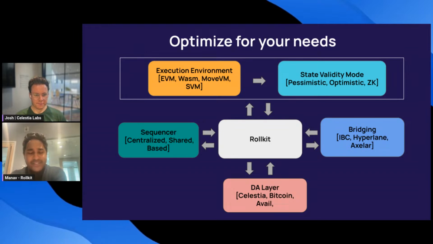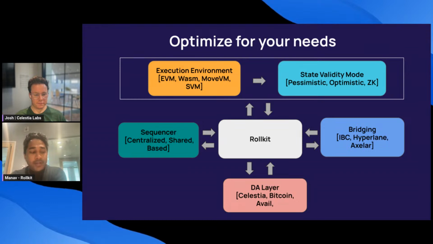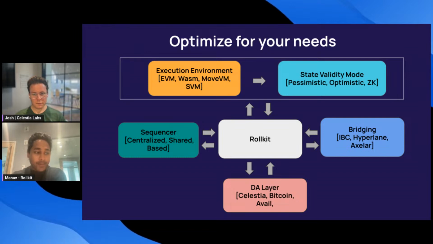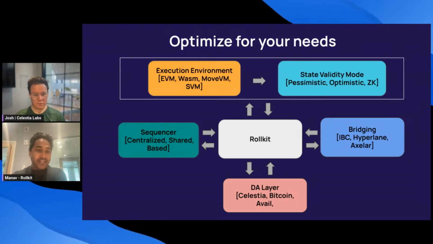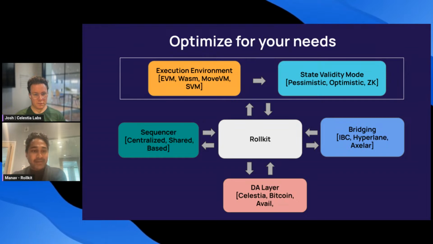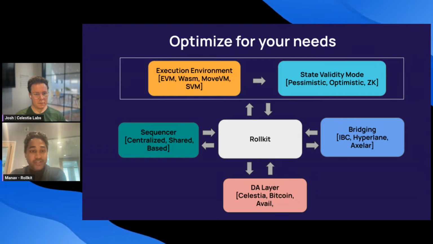Features I'm most excited about: right now we still support stage 0 rollups, which means the node that exists for Rollkit does both sequencing and execution, and it's a centralized node. So I'm excited about decoupling these components and adding more options and interfaces to allow developers to pick and choose these things.